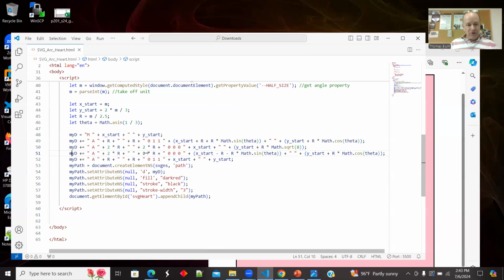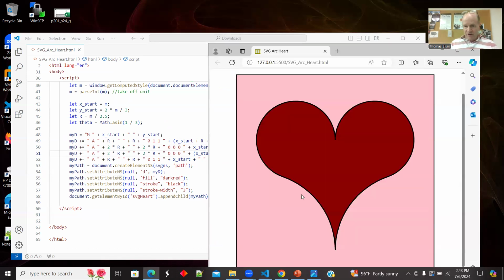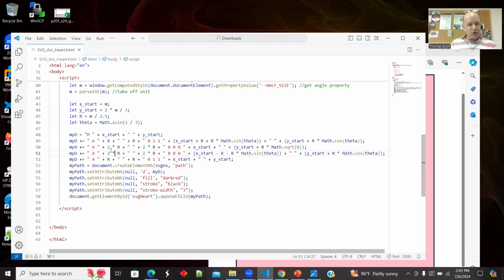Continuing, my third arc is the other side. Again, another one of the big circles. So 2r, 2r, these numbers, and then I want to get to that kissing point of the small and large circle on the other side. So instead of adding r and r sine theta, I'm subtracting it.